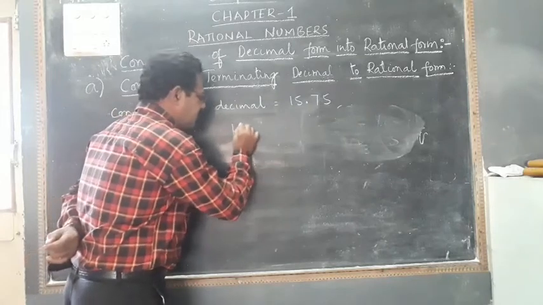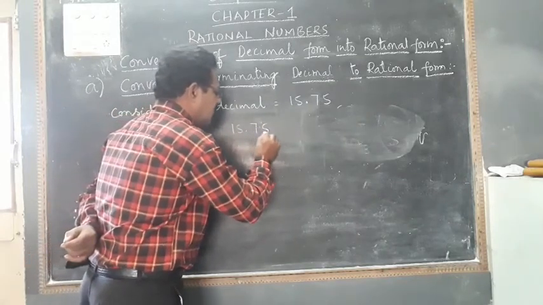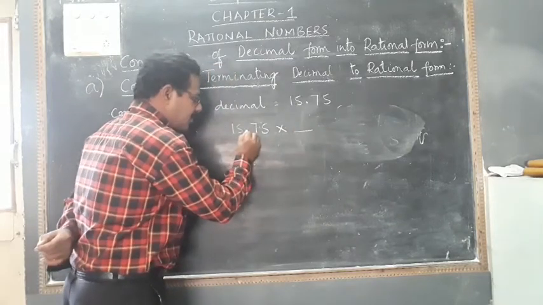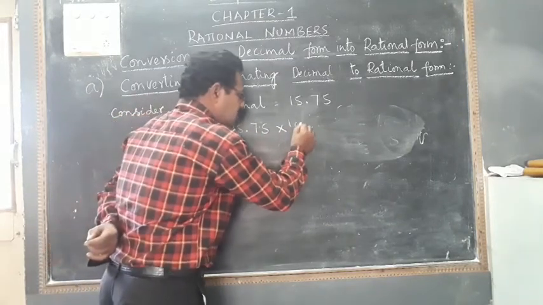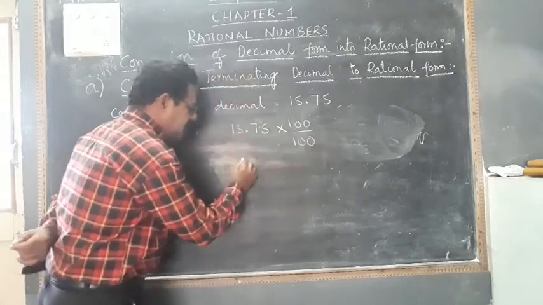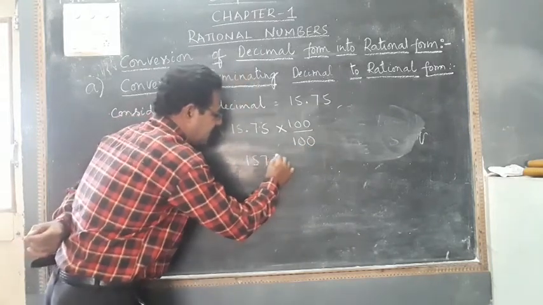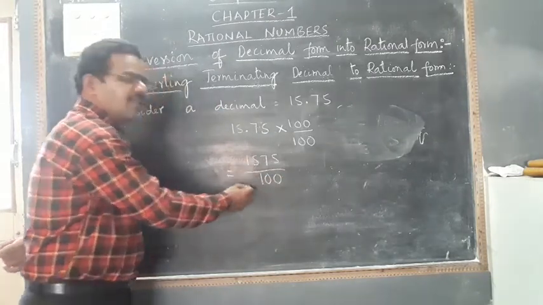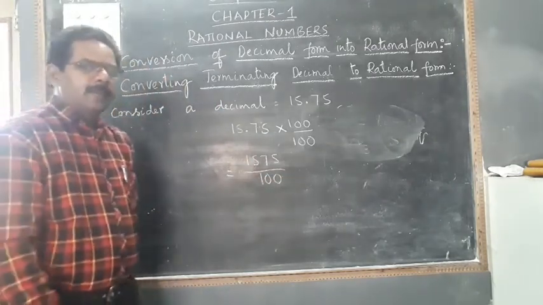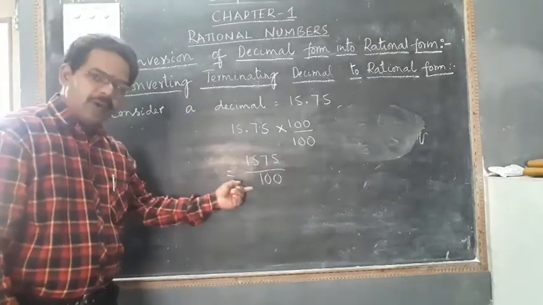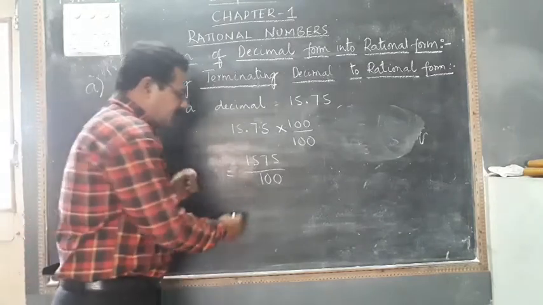So take this 15.75, and as I told you, multiply and divide with 100. Then we get 1575 divided by 100. So this is in the form of p by q, so it is a rational number in rational form.